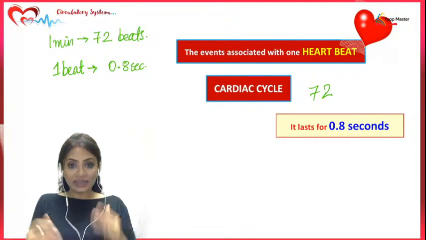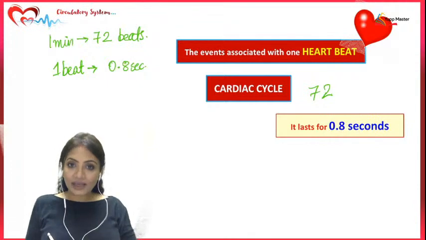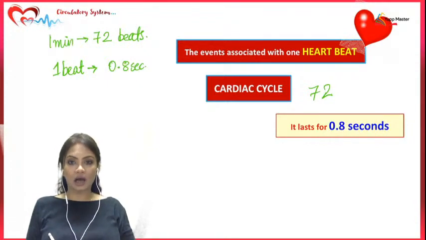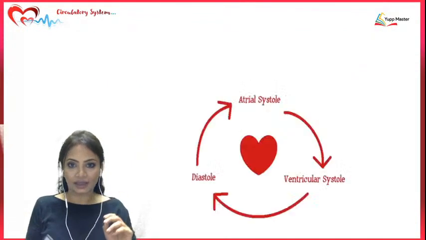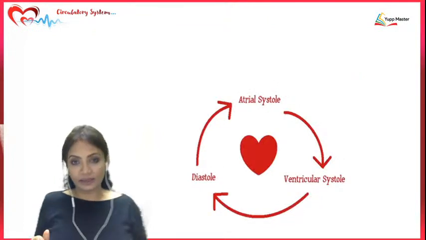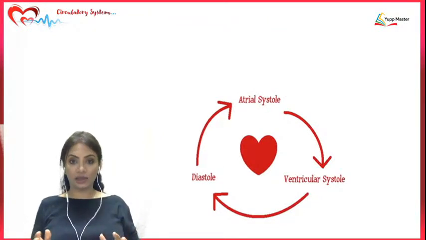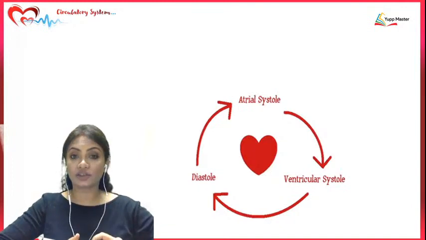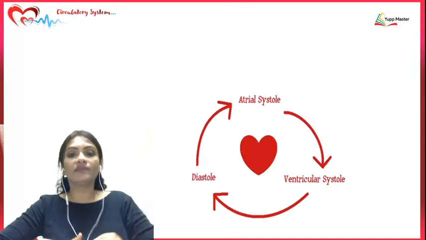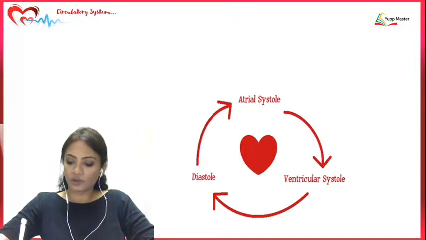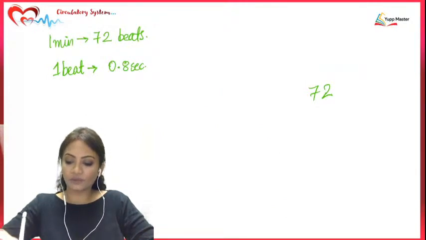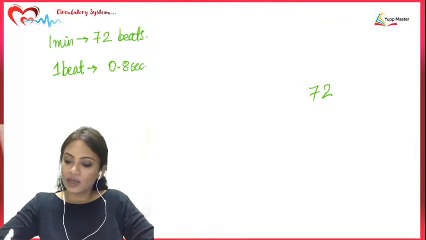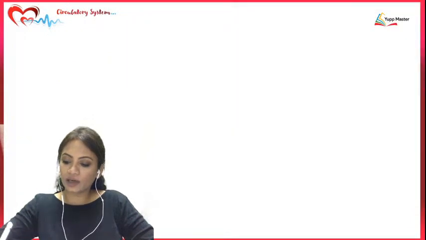So let us see now, in one cardiac cycle, what exactly are the events that are occurring. Remember the internal structure of the human heart that we have done. Just a brief diagram of what we had done until now. Let's just draw the human heart first.